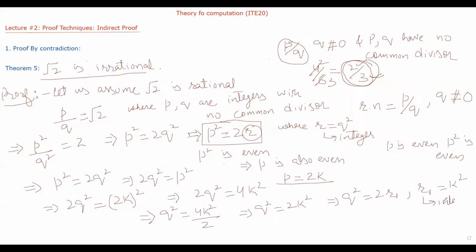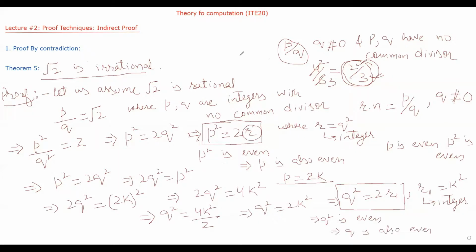Why? Because k is an integer, so k square will also be an integer. So q square is equal to twice r1, which means q square is even. If q square is even, that implies q is also even.